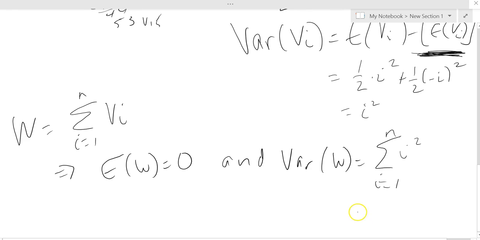Anybody remember what that formula is? Anybody besides me remember what that formula is? This should look relatively familiar.